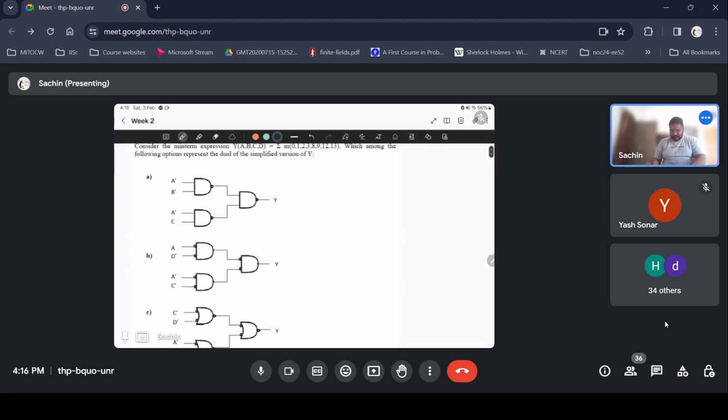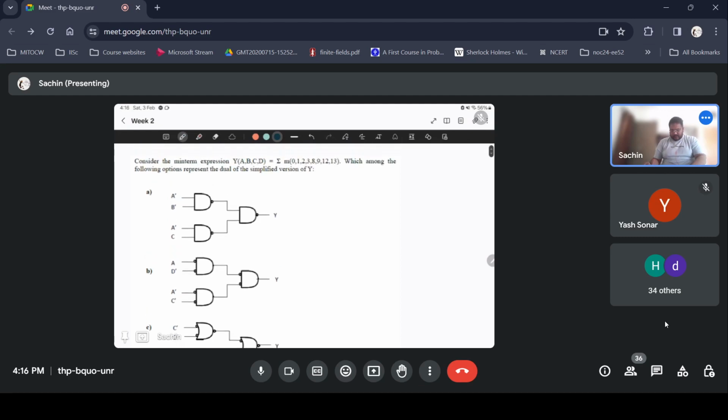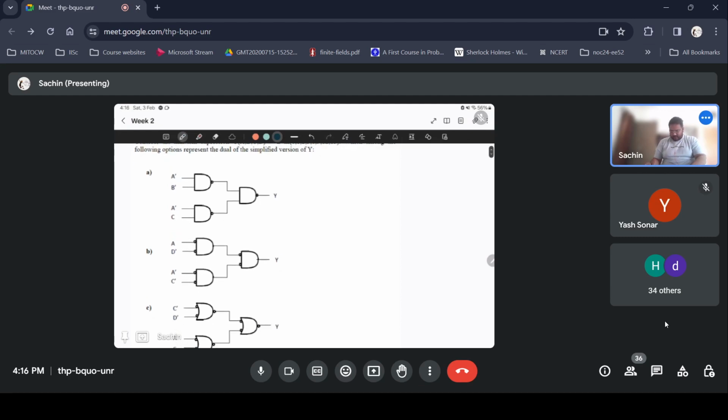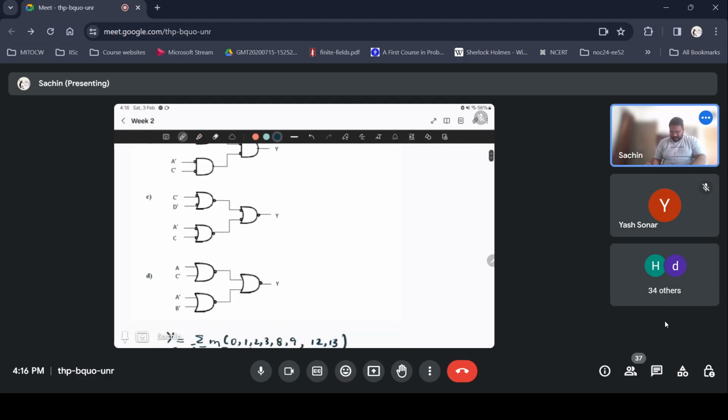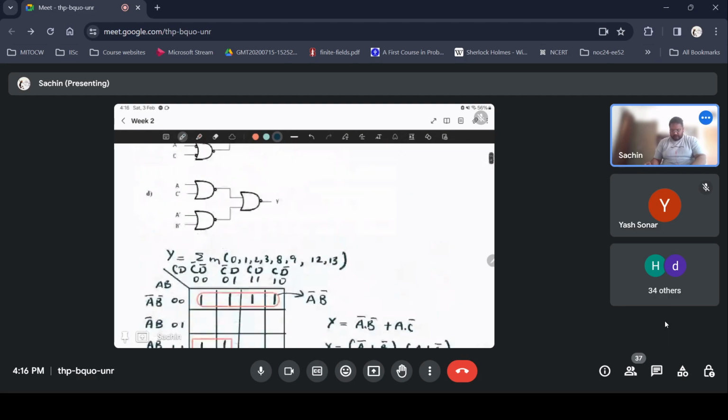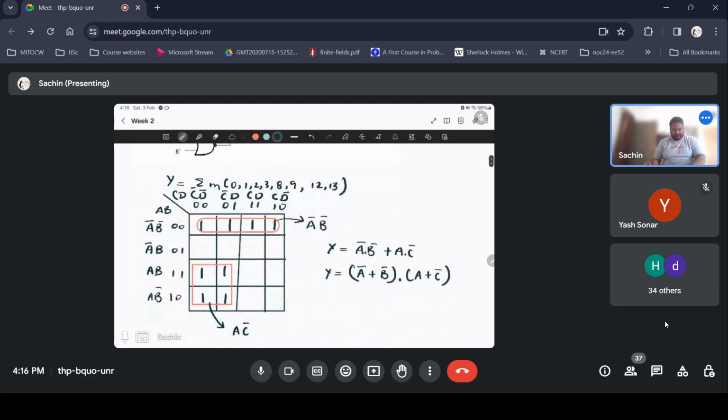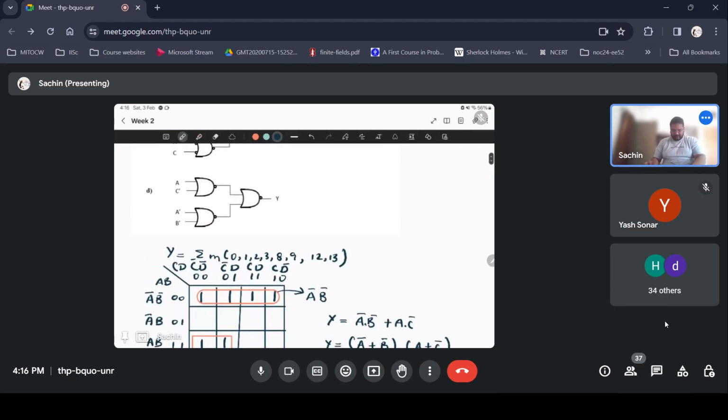Then to select which among the options, you have to check with the options. There are different ways in which this expression can be implemented depending on whether you have NOR gates or NAND gates or AND or OR gates.